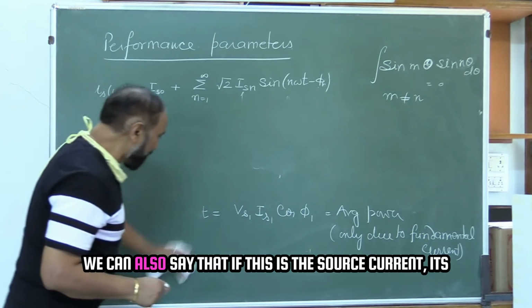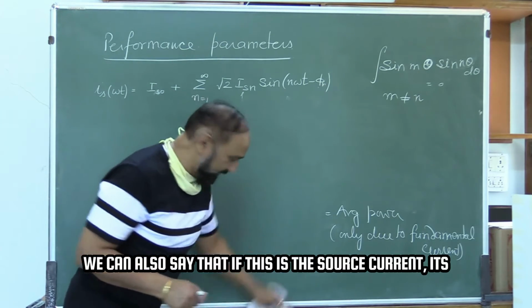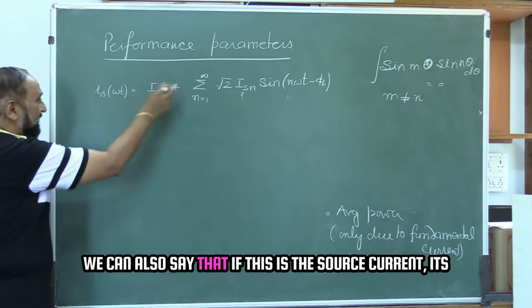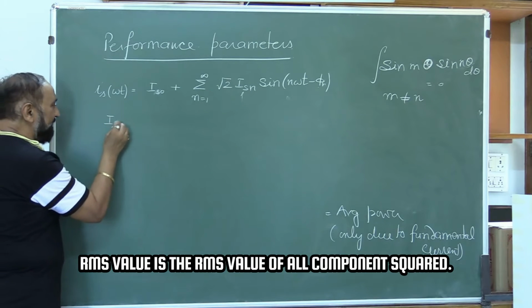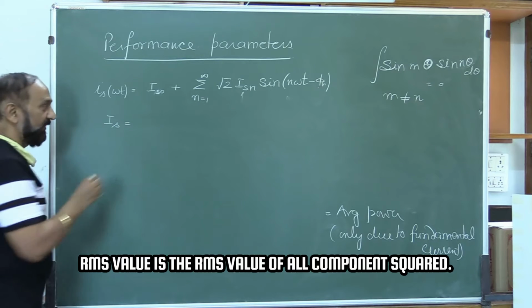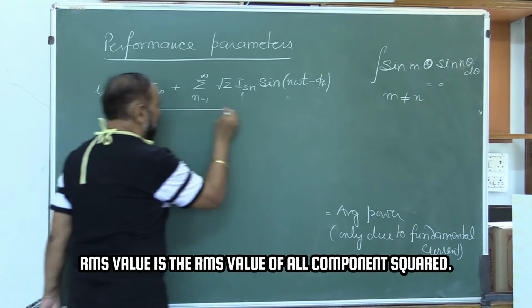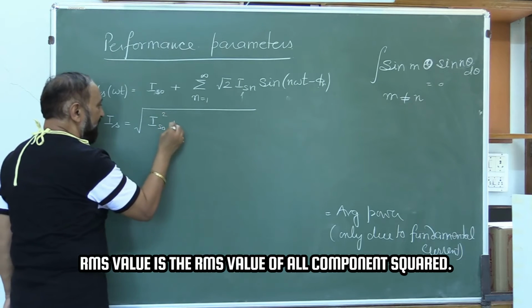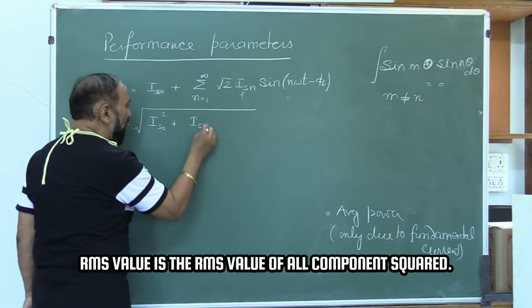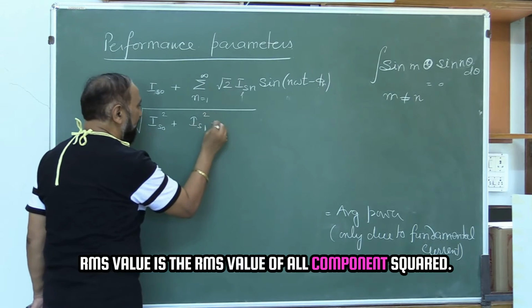We can also say that if this is the source current, its RMS value is the RMS value of all components squared.